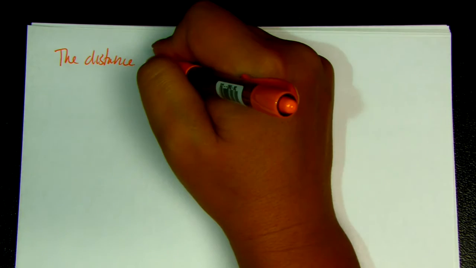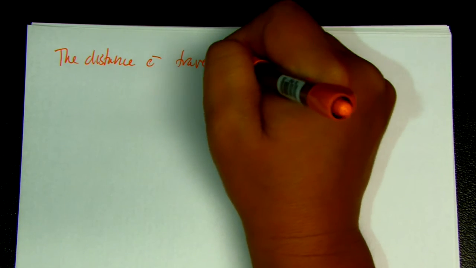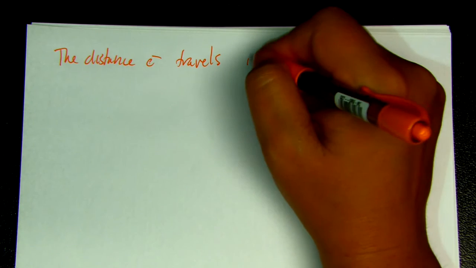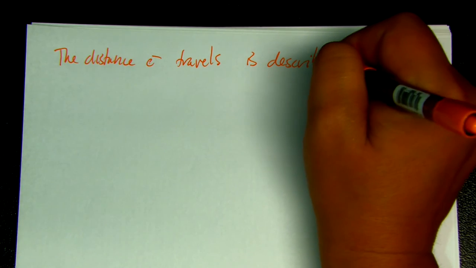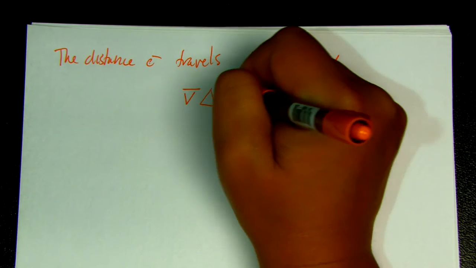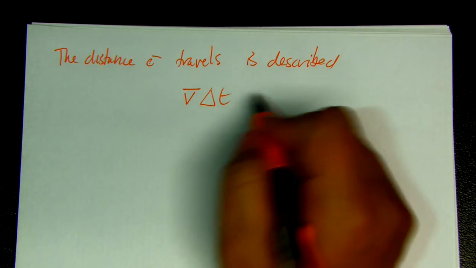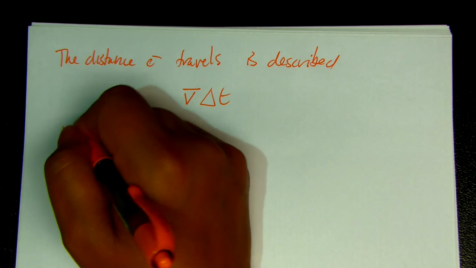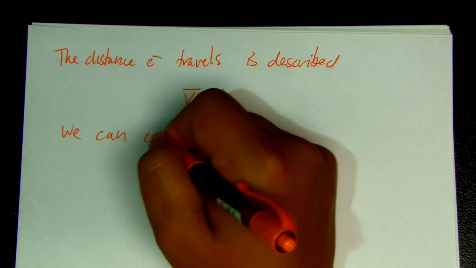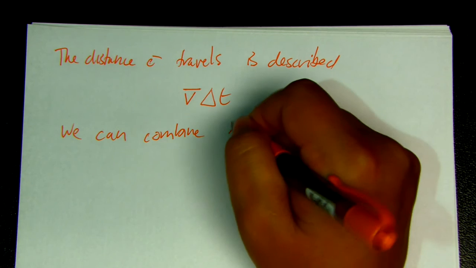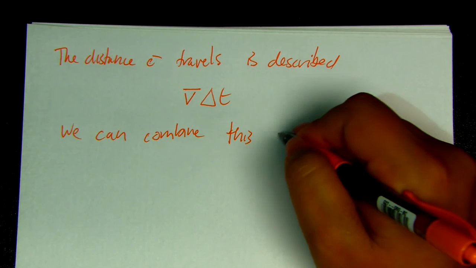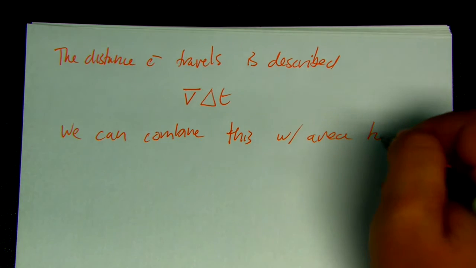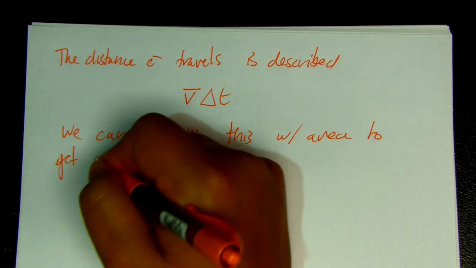Okay, so the distance the electrons travel is described by v bar delta t. So you have meters per second times seconds, giving you just meters. And we can combine this with area to get a physical description.